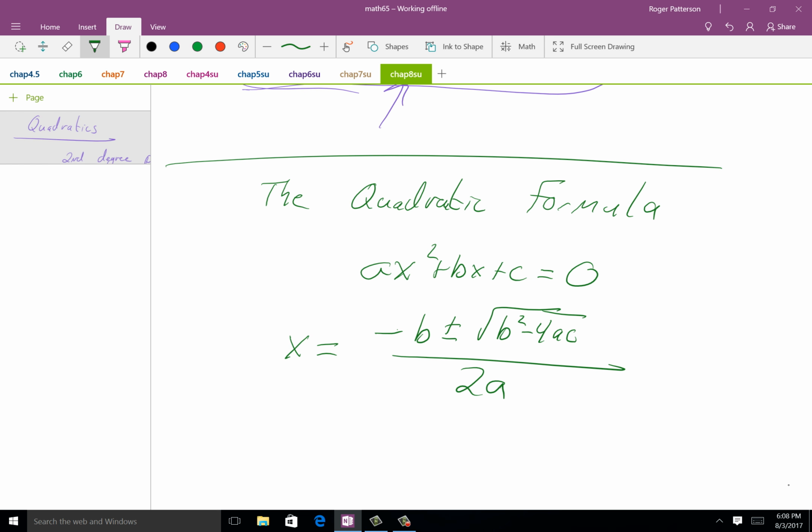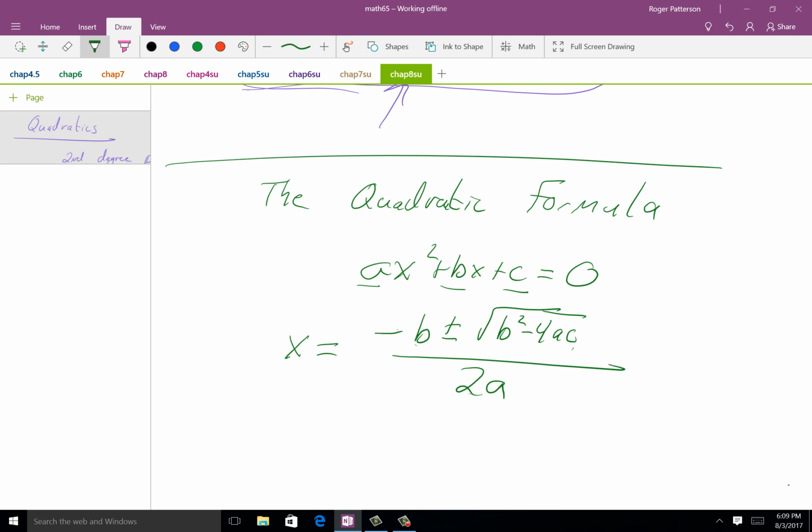So it's x equals negative b plus or minus the square root of b squared minus 4ac all over 2a. All right, so the a, the b, and the c is where these come from.